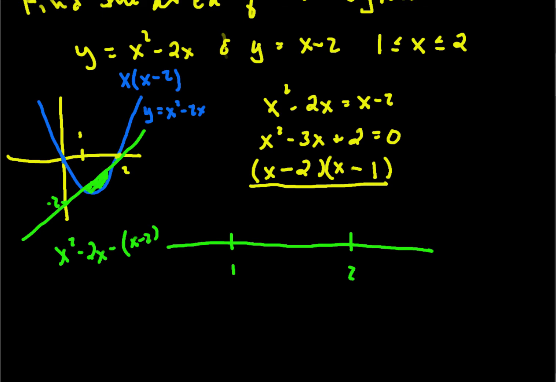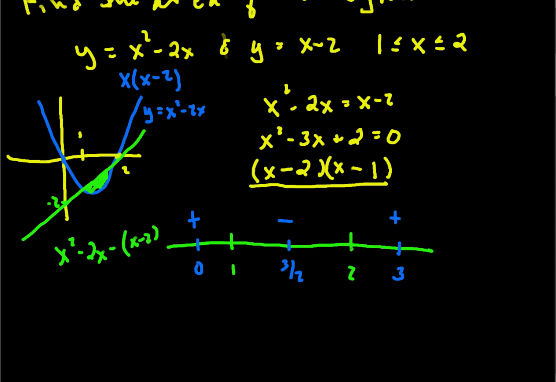Picking values in between, if I pick 0 and put it into my function, I've got 0 minus 0 minus 0 plus 2, so it's positive. If I took a value in here, say 3/2, I would see that it's negative. And if I took 3, it would be positive.